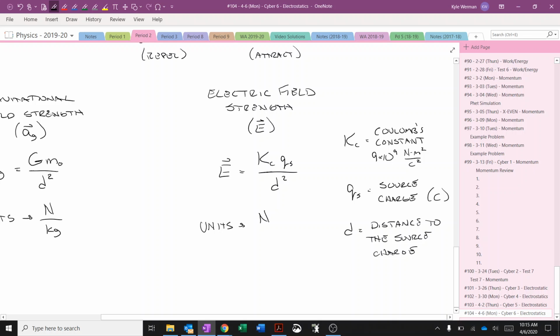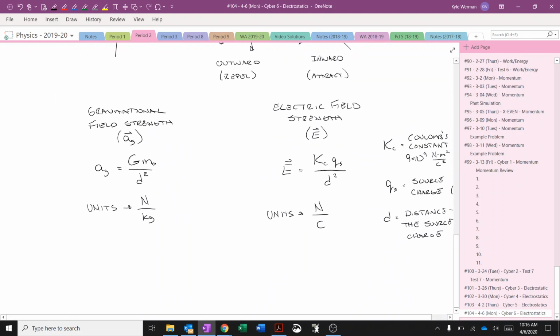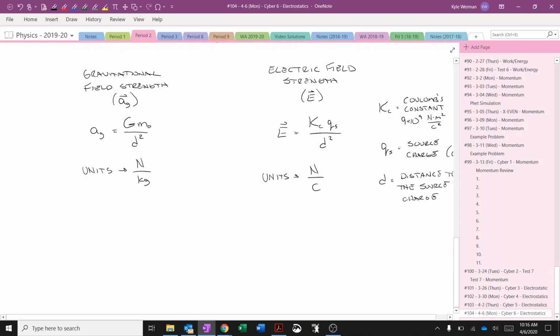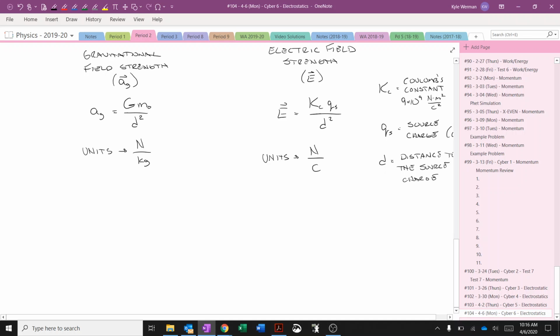It's a force field, not per mass, but per unit of charge, coulombs. So you see how analogous these two are. You have a big constant that's arbitrary, that just makes everything work. The thing creating a field, and for gravity it's mass, for electric field it's charge. And then how far away you are. And it's an inverse square law, meaning if you get further away, it gets weaker and weaker.